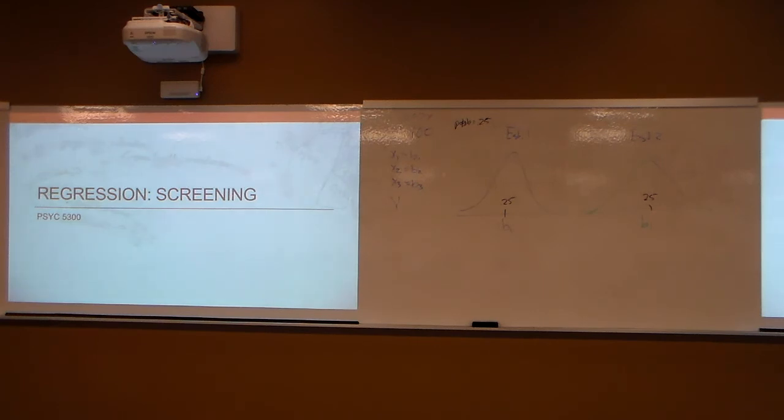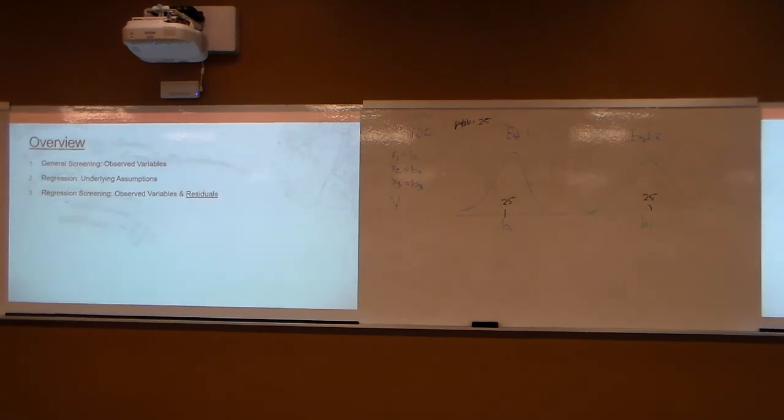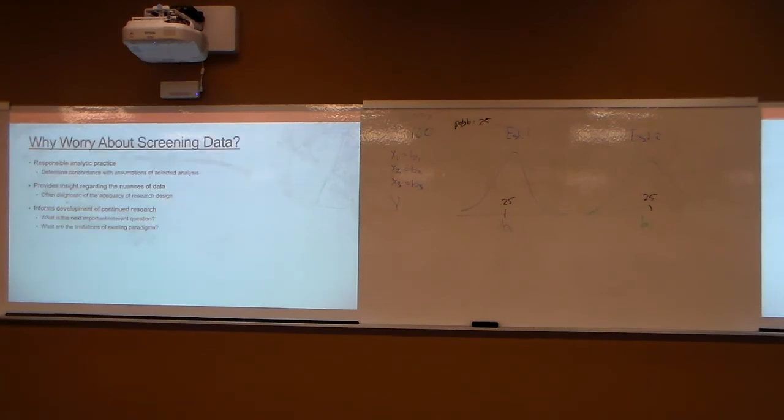What we're going to do is talk about general screening and overview, then get into the regression-specific assumptions, and then talk about the difference between screening our observed variables and screening residuals once we get into our regression. Okay. Yeah, Ignacio.